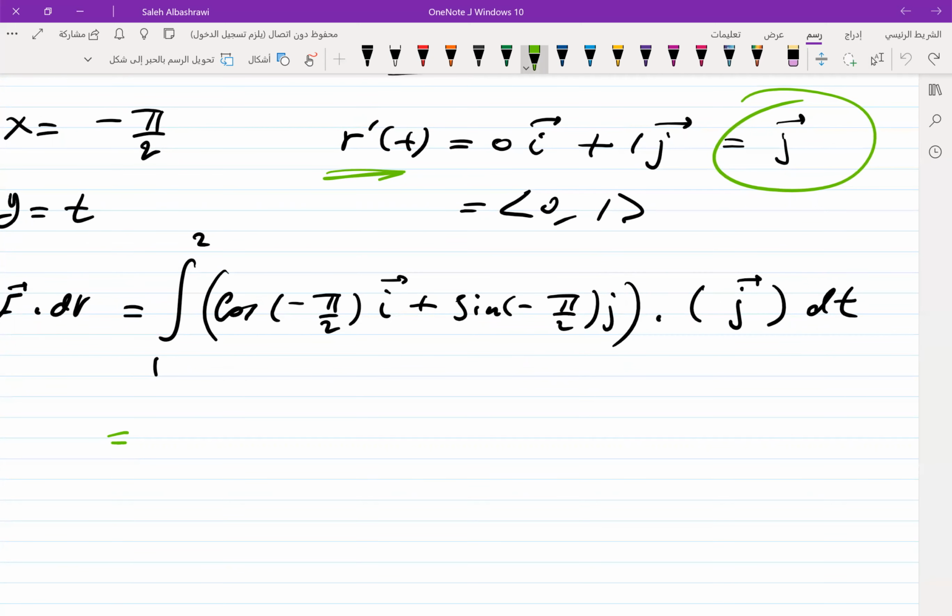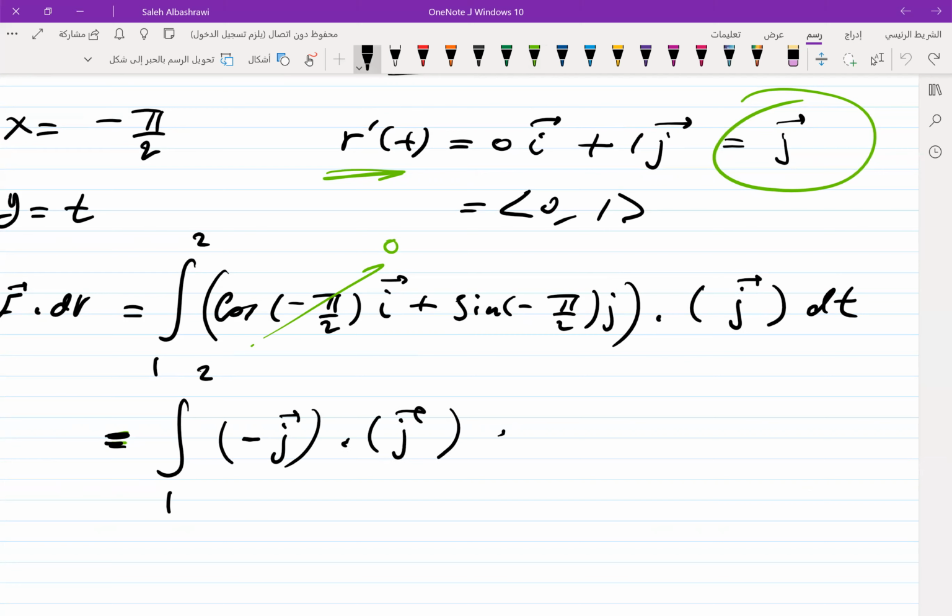This is equal to the integration from 1 to 2. The cosine term is 0. Even if it is not 0, by the dot product it will be removed. Sine of minus pi over 2 is equal to minus 1 j, dot dt.